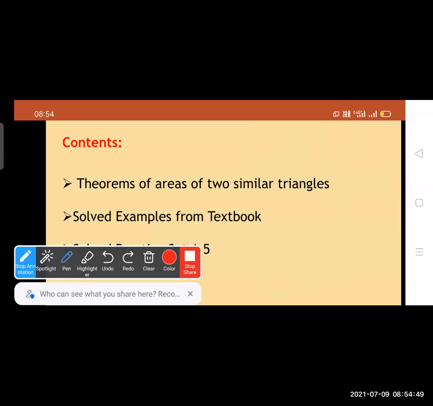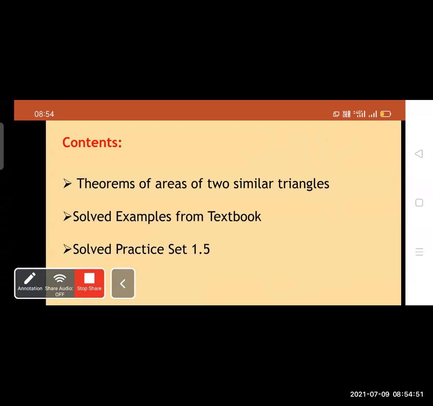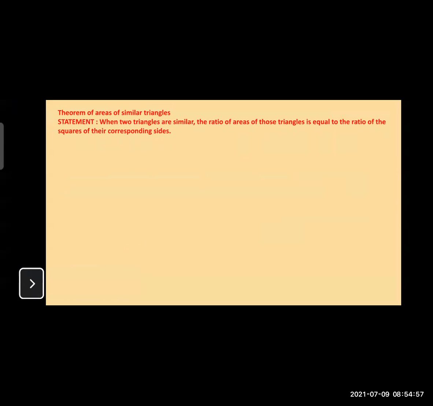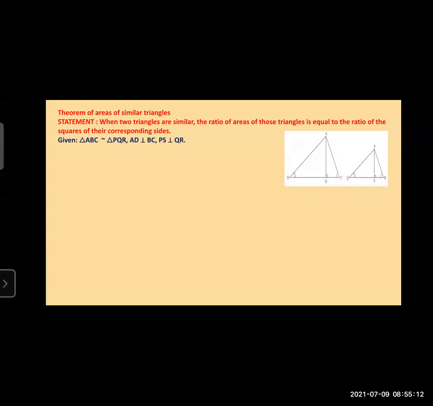Now in today's lecture, the first one is the theorem of area of two similar triangles. The statement is: when two triangles are similar, the ratio of the areas of those triangles is equal to the ratio of the squares of their corresponding sides.